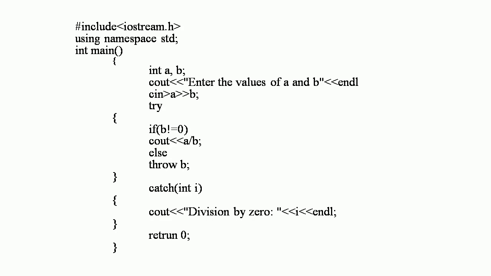You can go to the statement. Okay, enter the values of A and B: A is equal to 2, B is equal to 0. What is happening in this one?